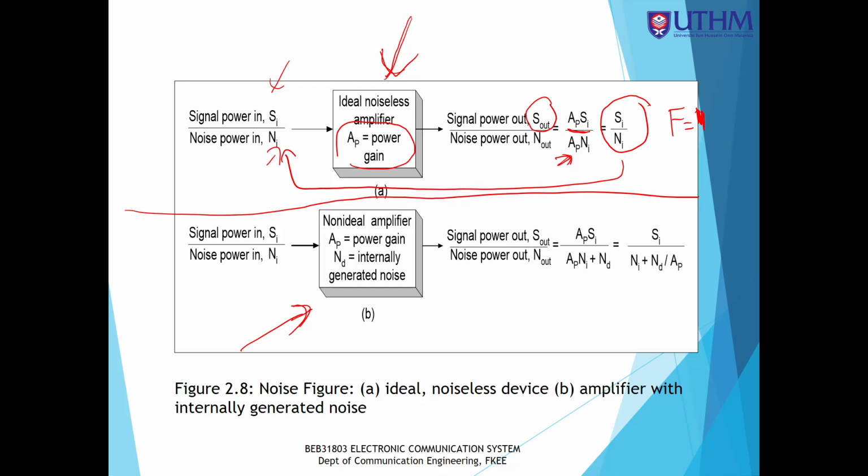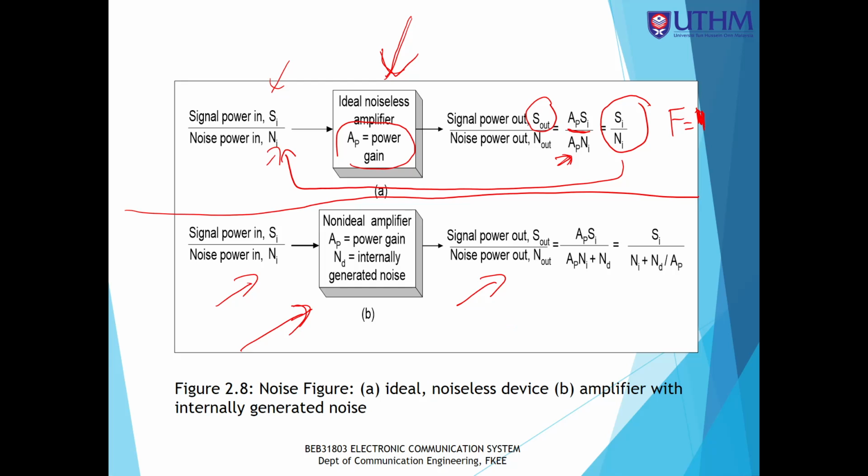So that means that the system is non-perfect, non-ideal. If you look here, the input is SI and also the NI. What about the output?